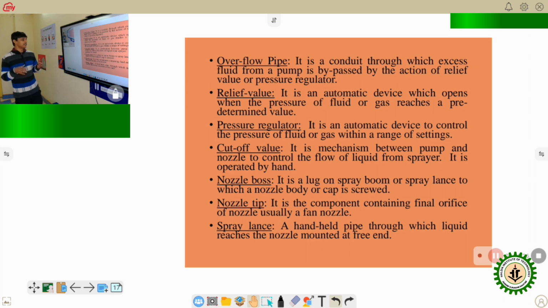Apart from this, there are nozzle tubes and the spray lance, which is handled by a pipe and mounted at the free end of the nozzles. So these are the basic and major parts of the sprayer, which work effectively during spraying operations.